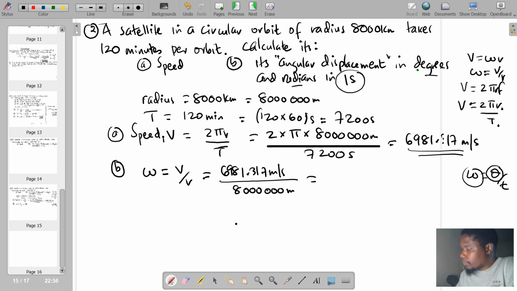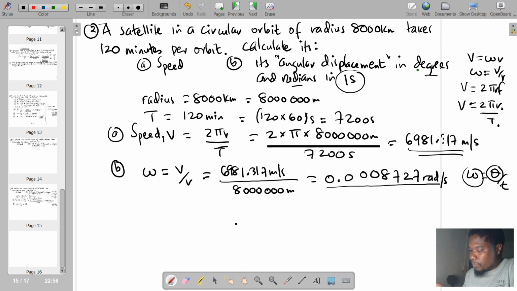That gives us 0.0008727 rads per second. So you can see that we have this amount of angle, 0.0008727 radians in 1 second.